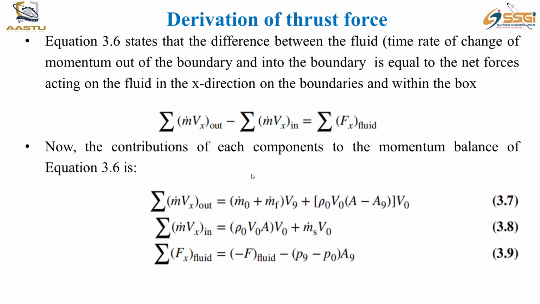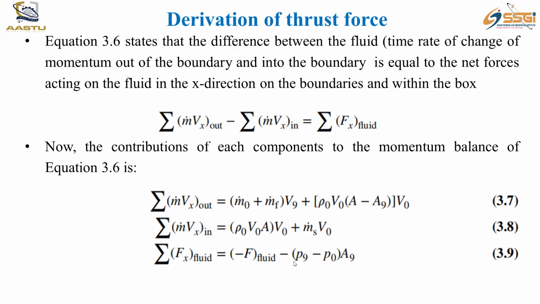Okay, so summing them, we can have the inlet condition, the outlet condition, and the net flow is minus of F fluid. So this minus of F fluid is what we call the momentum thrust component, and minus P9 minus P naught times area 9.